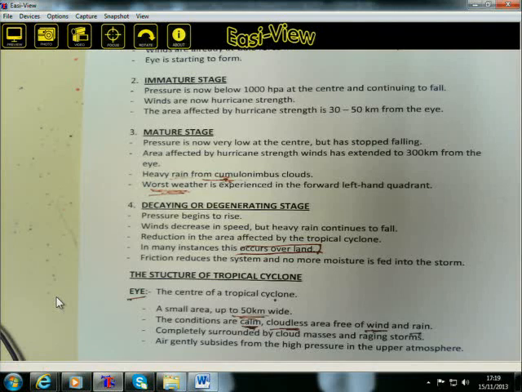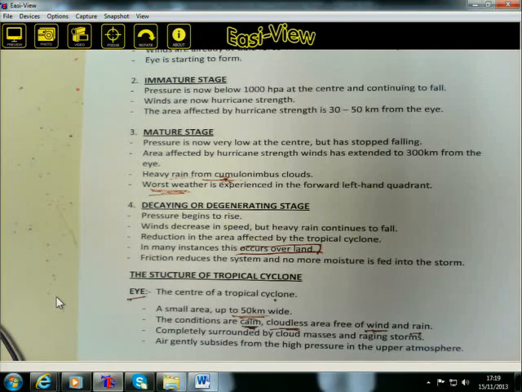It is the safest area in the tropical cyclone, meaning that if an area is hit by a tropical cyclone, where the center is, where the eye is, that will be the harmless area of it all. Why? It will be a calm area, no clouds, no rain, no wind. Those are the conditions at the eye.